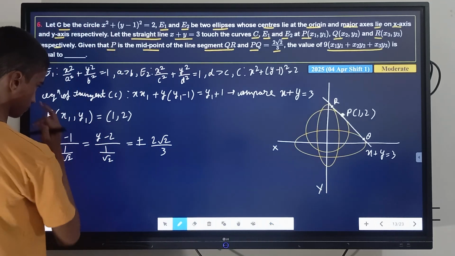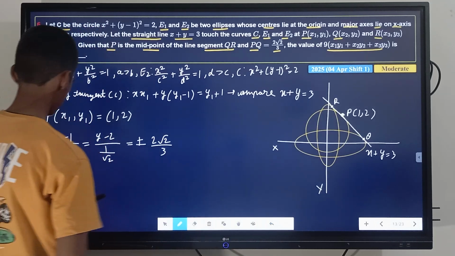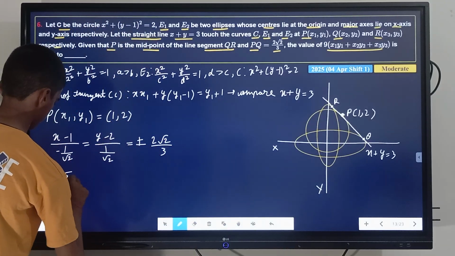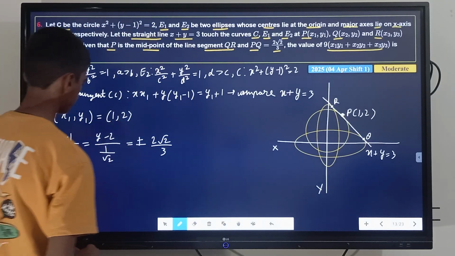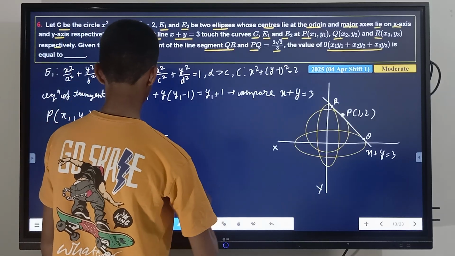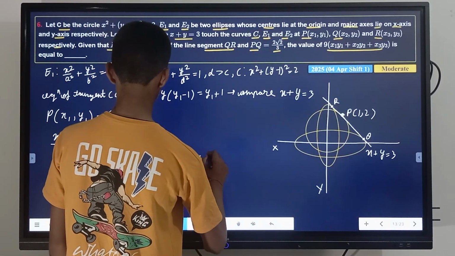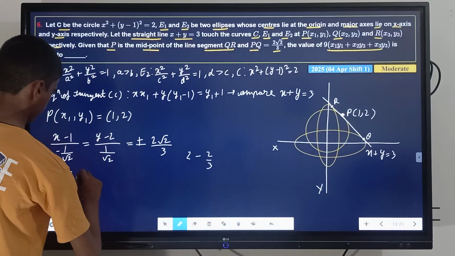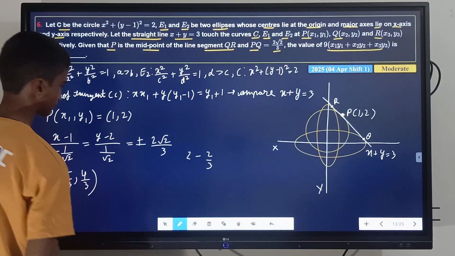Our Q will be 1 plus 2 by 3, which is 5 by 3, comma, 2 minus 2 by 3, which is 4 by 3.